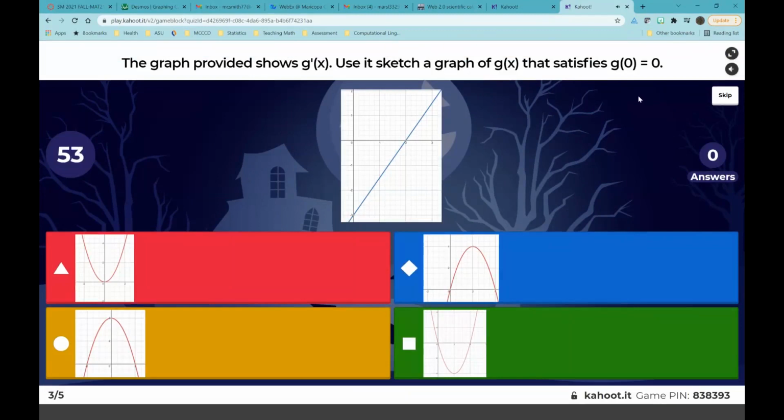We also want the antiderivative to equal 0 when x is 0. Okay, get your answers in, guys.